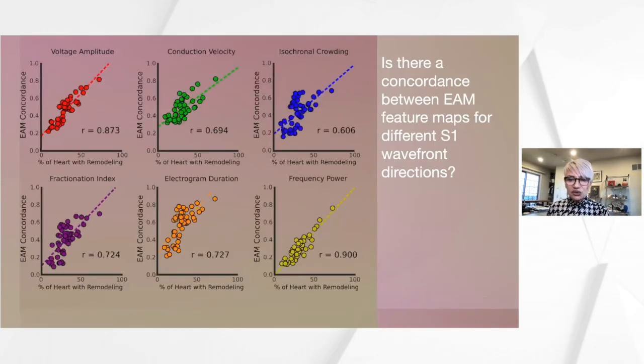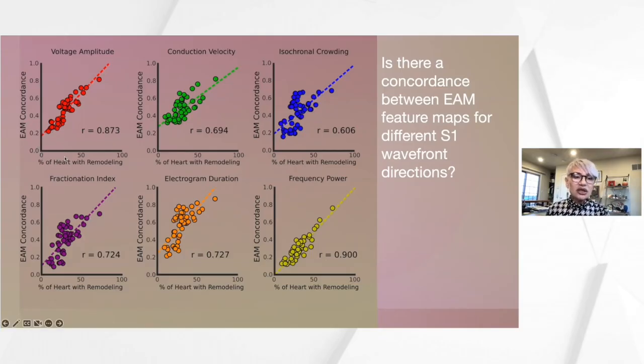So here you can see the concordance, shown from 0 to 1, of all these 6 electroanatomical mapping features. On the horizontal axis is the extent of the infarct, the remodeling burden in these hearts.